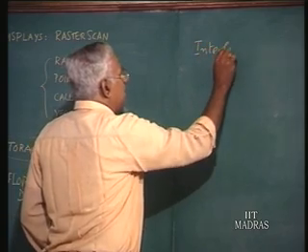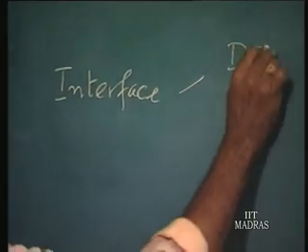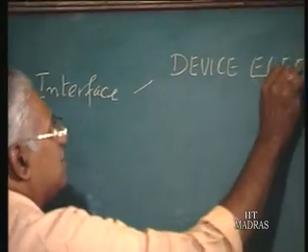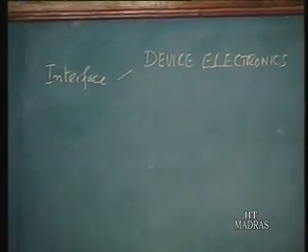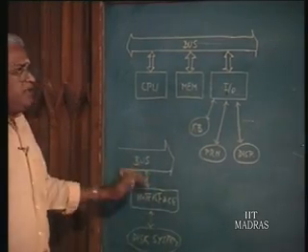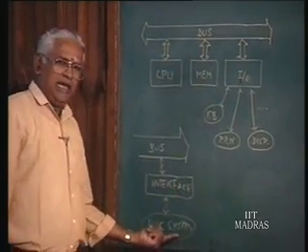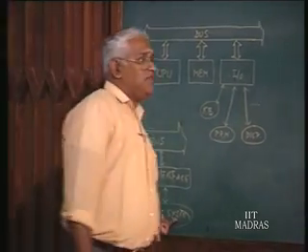What are they? One will be what you may call the device electronics part. This in fact has nothing much to do with the data that is going to be transferred at this end. The device electronics part of it is essentially for taking care of the specific requirements of this device.